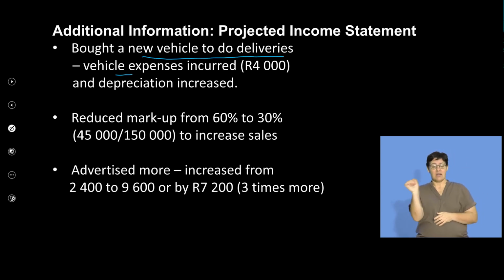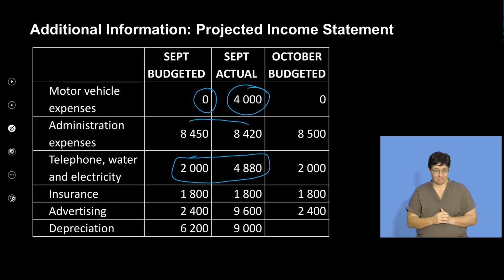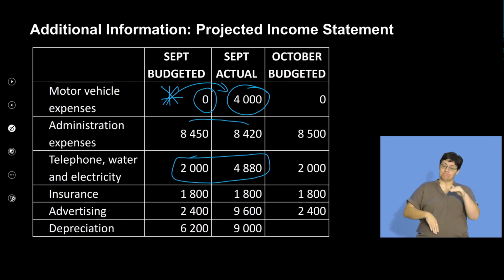And your vehicle expenses went up to 4,000 Rand and your depreciation increased. Watch, you had a zero budget for your vehicle expenses, but because of the competition, because of the new vehicle that you bought, clearly you can see the expenses went up to 4,000 Rand.